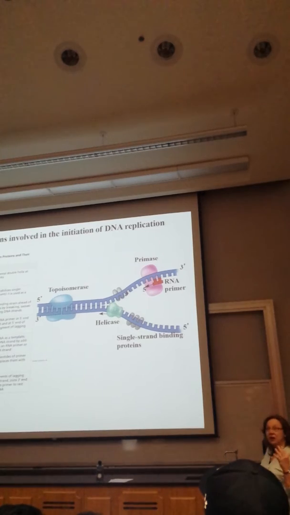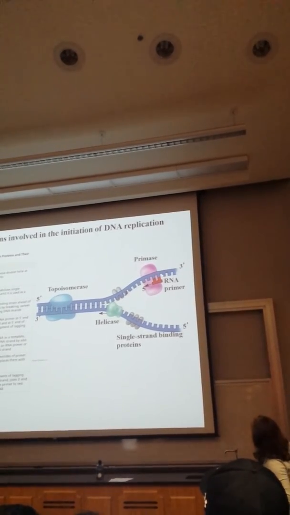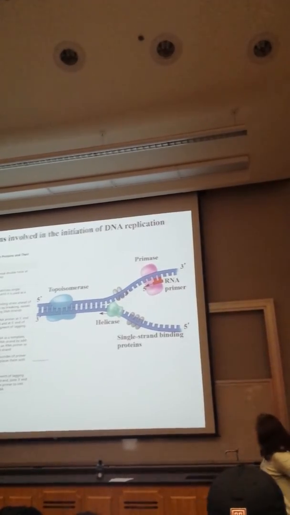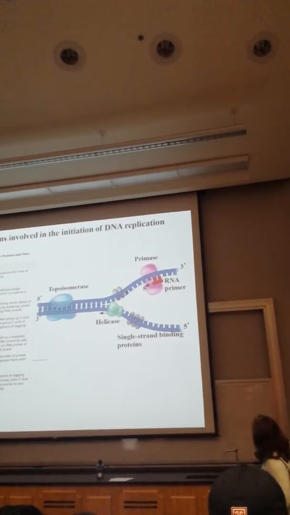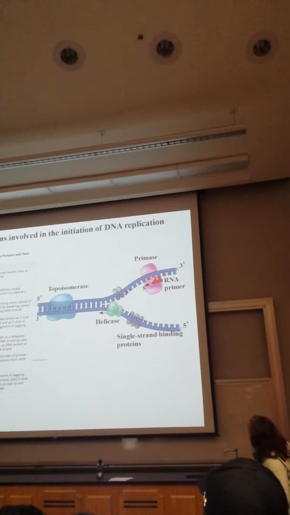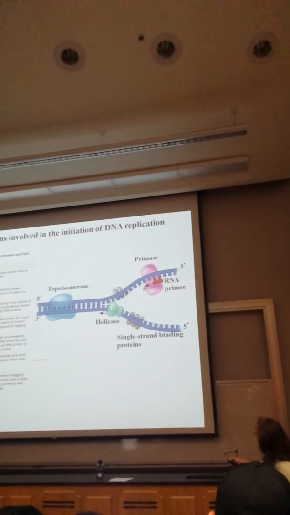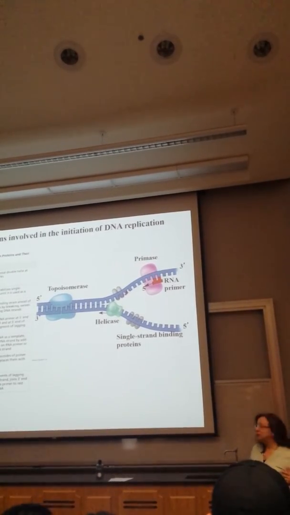And then we have another protein called DNA ligase, and what that does is it establishes that final covalent bond. When these RNA nucleotides are removed and DNA is put in, ligase seals the sugar phosphate backbone. So these are the primary proteins that are involved in DNA synthesis.